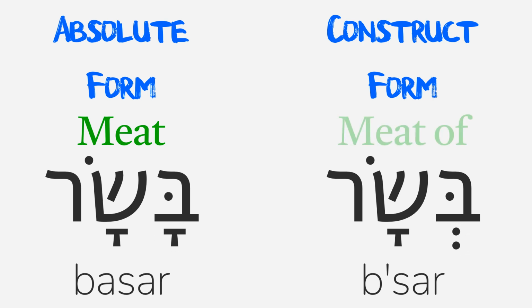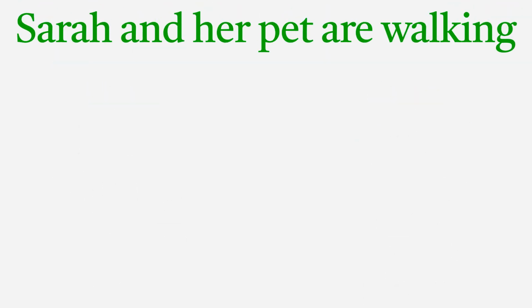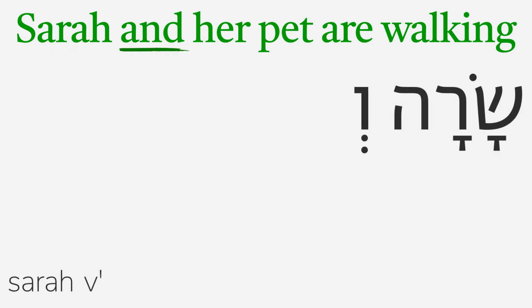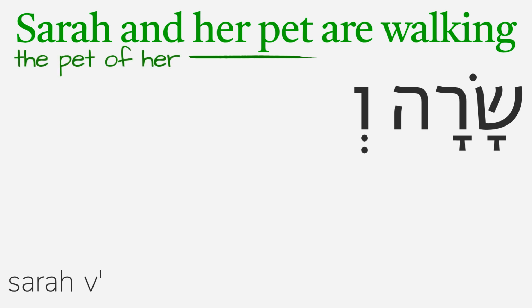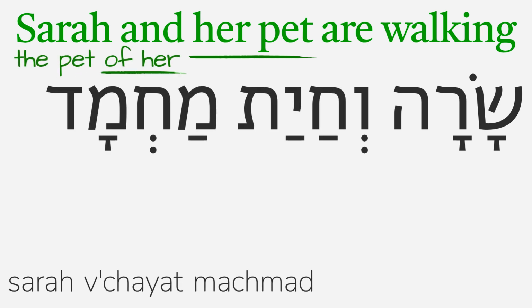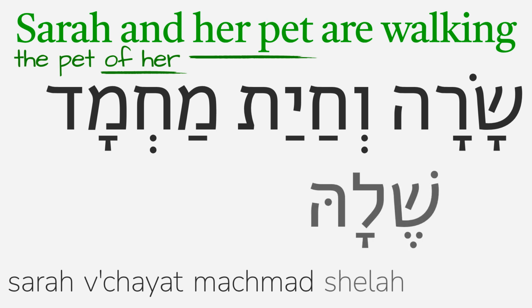Let's say Sarah and her pet are walking. We start with Sarah, and then we say ve, which means and. And onto ve, we add the Hebrew expression for her pet, which will be the pet of her. Pet is chayat machmad, and of her is shelah.